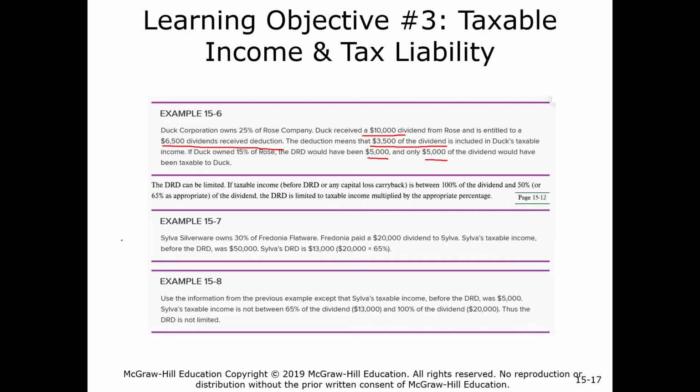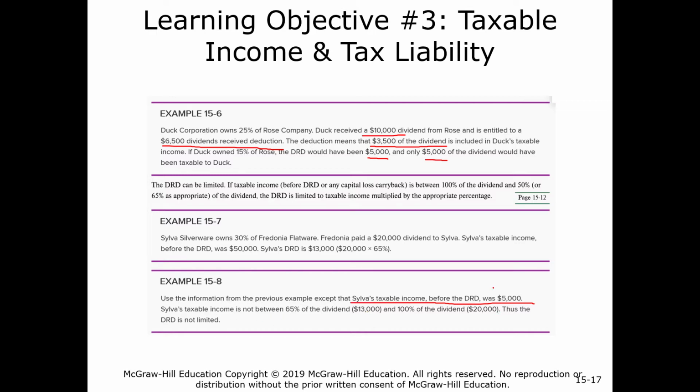Now let's assume that we have the same facts, except that the company's taxable income is $5,000 instead of $50,000. The DRD may be limited if the taxable income is between 65% of the dividend and 100% of the dividend.